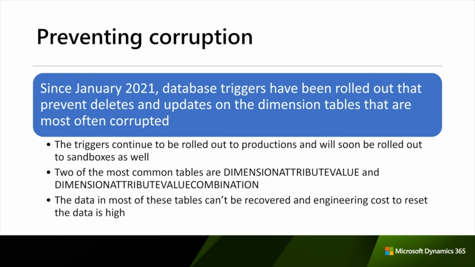I think they're already starting to roll out to sandboxes just to try to get a handle on the corruption, because the data in most of these tables can't be recovered, and the engineering cost to reset the data is very high, and it keeps the engineers from working on legitimate bugs and new features and all that kind of stuff.